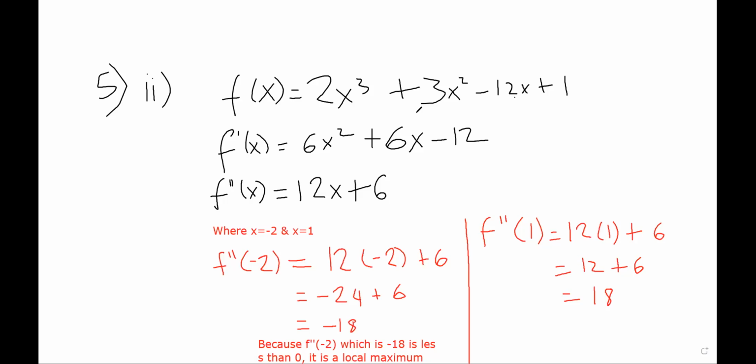We can see where 18 is greater than 0, right? So we can just write a little conclusion right here as well, stating that because our f double prime x, which is positive 18, is greater than 0, it is a local minimum.